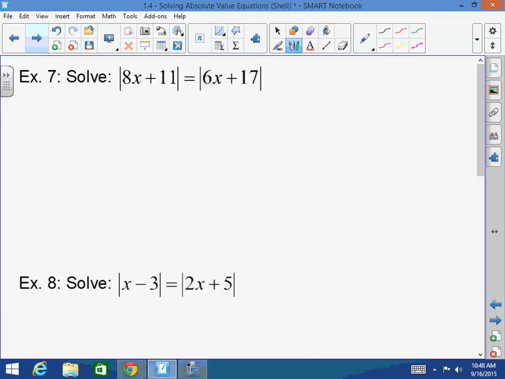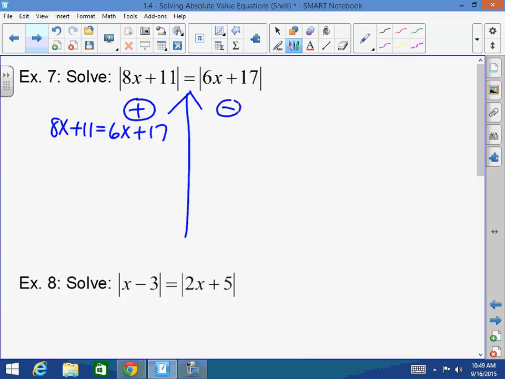Got absolute value equals an absolute value. Positive side, negative side. Positive side is 8x plus 11 equals 6x plus 17. Negative side: you can choose whatever you want, but let's stay consistent. Multiply the right side by a negative, so distribute a negative to the right side.